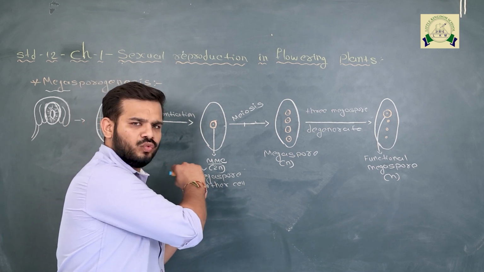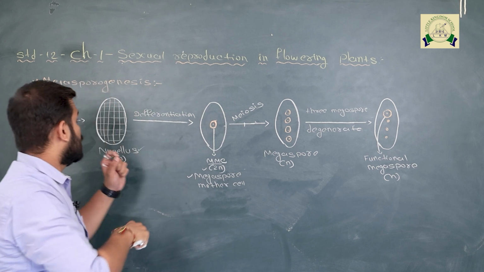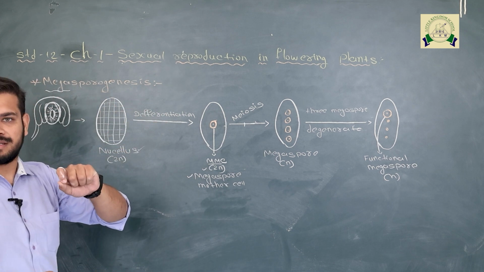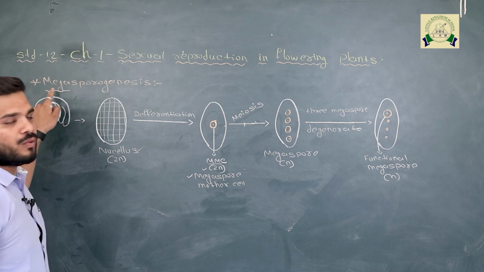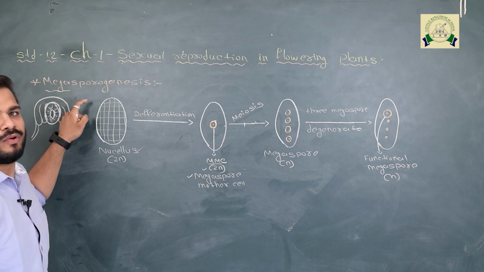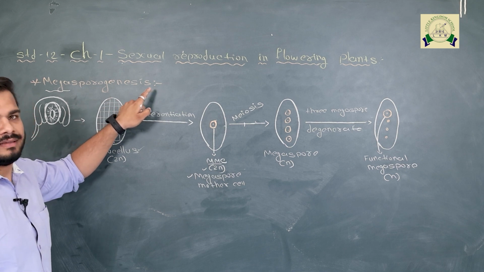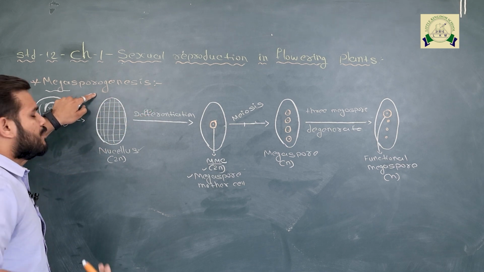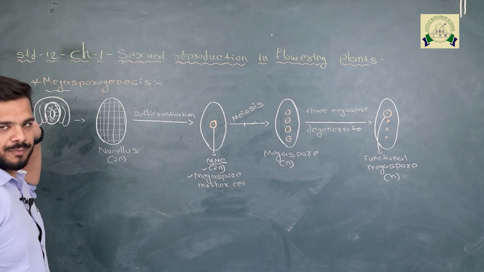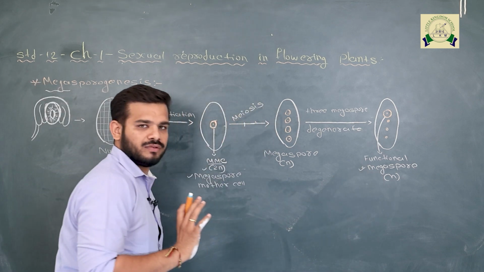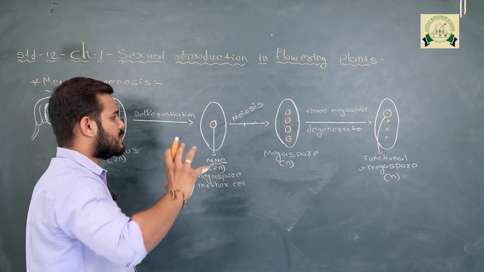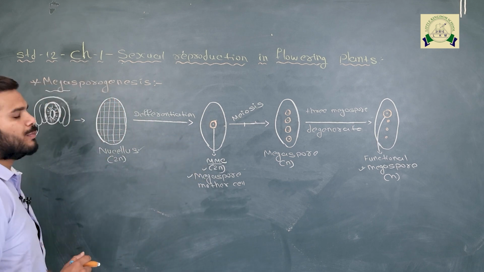Now let's go through the process and understand what is megasporogenesis. See, I already told you, megaspore, we are talking about a female reproductive cell. Genesis means production. Simple word, production of megaspore. At the end of this process, a functional megaspore is produced. Clear? So what is the definition of megasporogenesis?